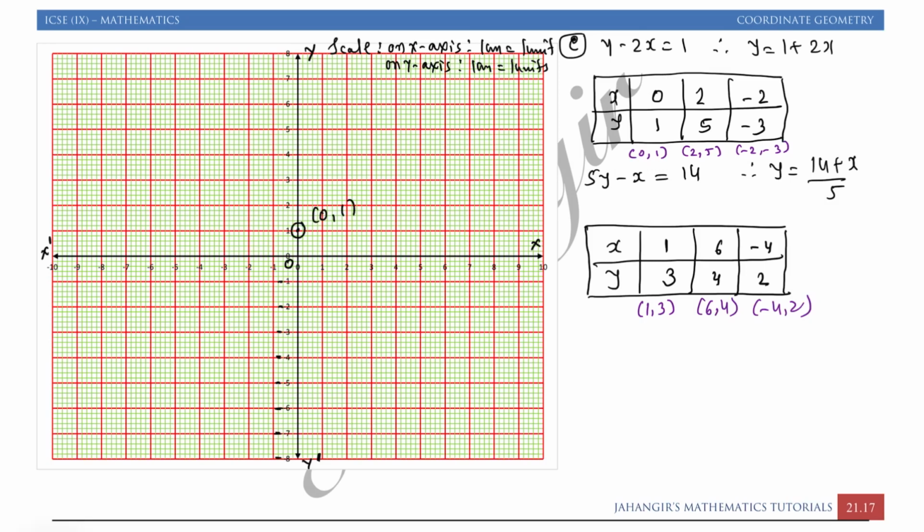Any point whose y coordinate is 0 will lie on x-axis. Any point whose x coordinate is 0 will lie on y-axis. 2, 5. So over here. Minus 2, minus 3. So now let us plot.